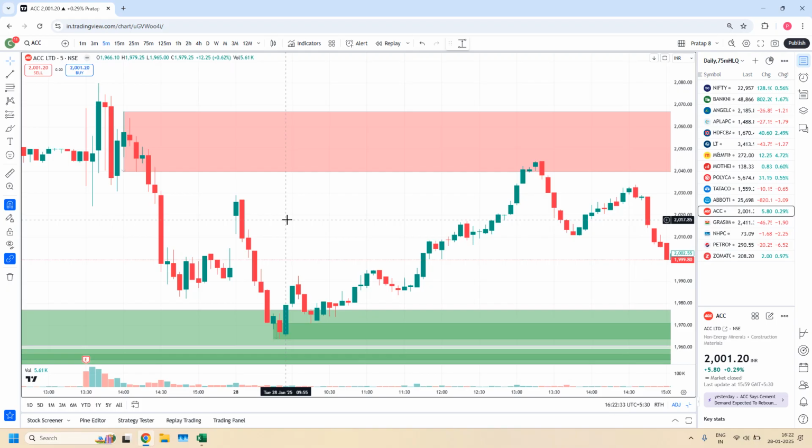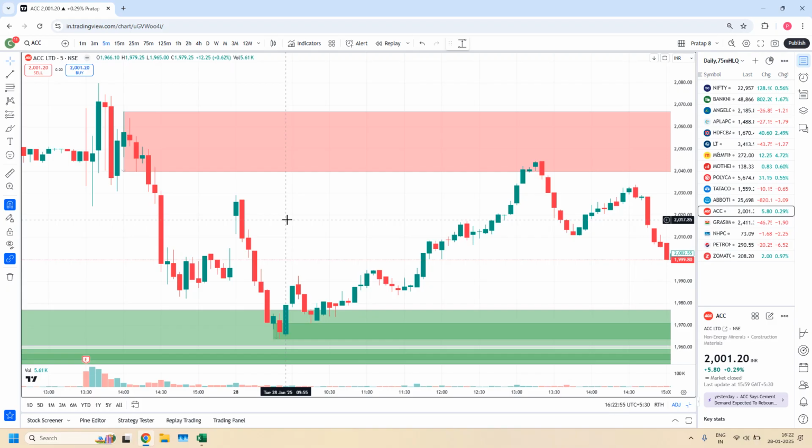Any supply demand zone trader, if they take an entry at a 5 minute supply zone, will exit at a 5 minute demand zone. But our HLQ zone trades are not like that. We take entry at a 5 minute demand zone and we exit at a 15 minute supply zone.